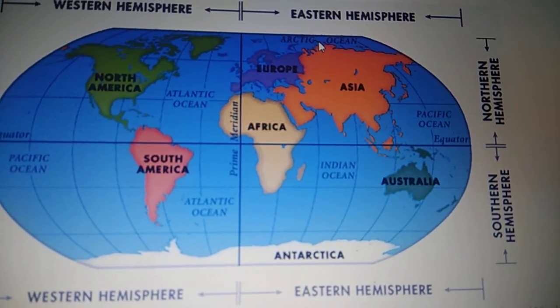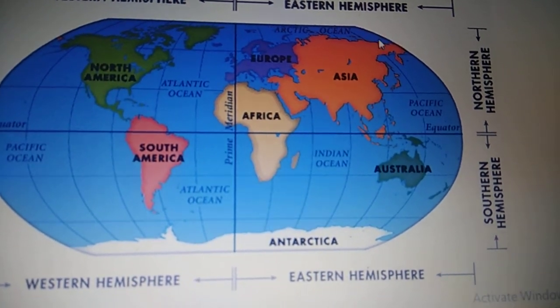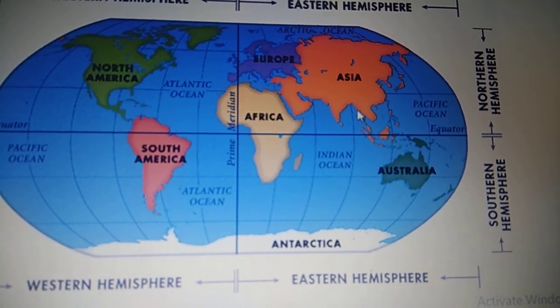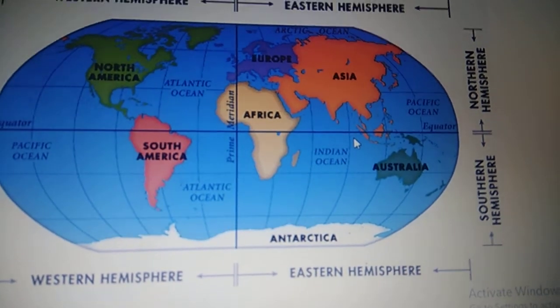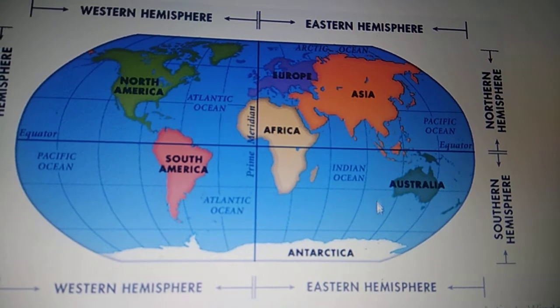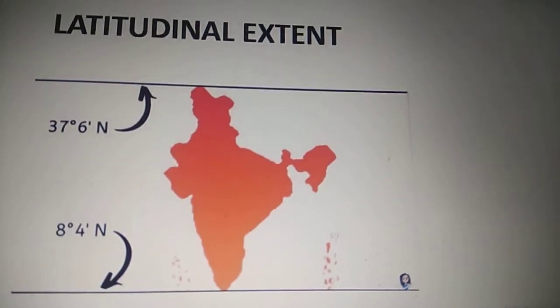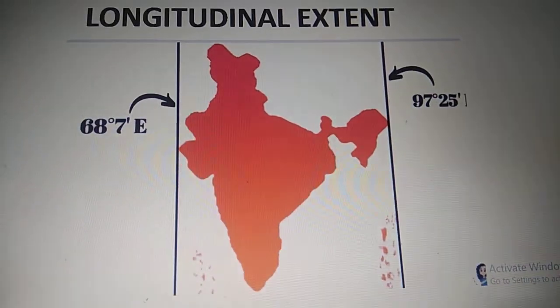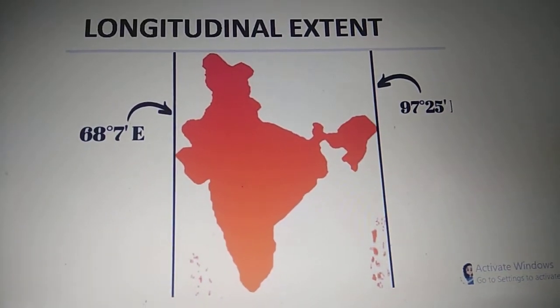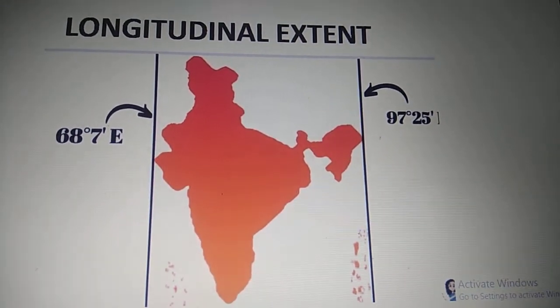We come to India, then we count this line. So this is 68, till we go ahead, this is 97. So you must remember the longitudinal extent, the standing lines we call it. So what is the longitudinal extent? 68 degrees 7 minutes east, 97 degrees 25 minutes east.